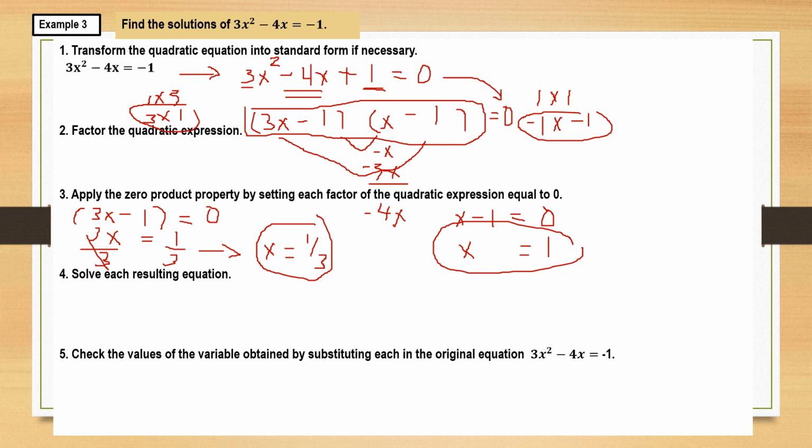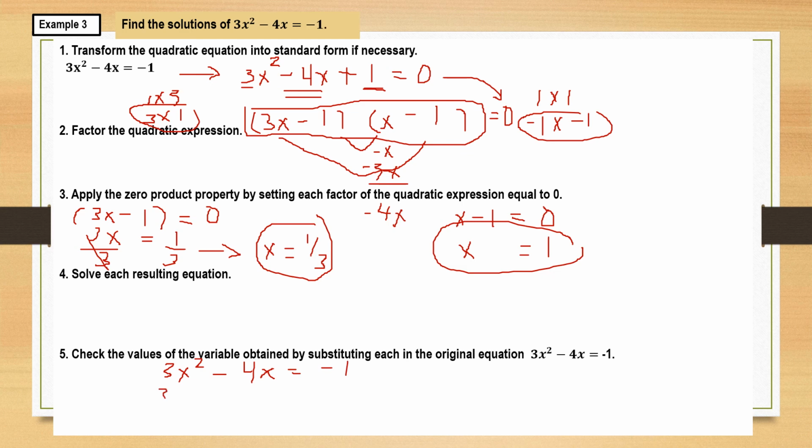Next, check the values of the variable obtained by substituting each in the original equation. So the original equation is 3x squared minus 4x is equal to negative 1.